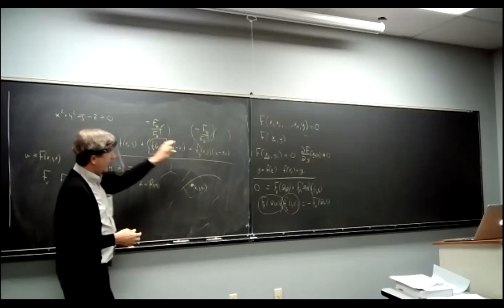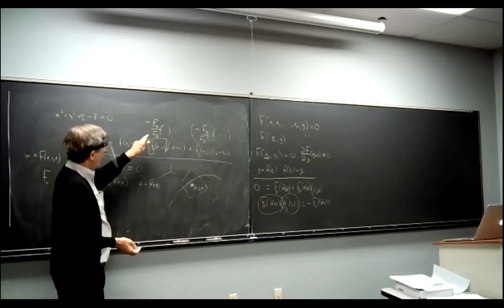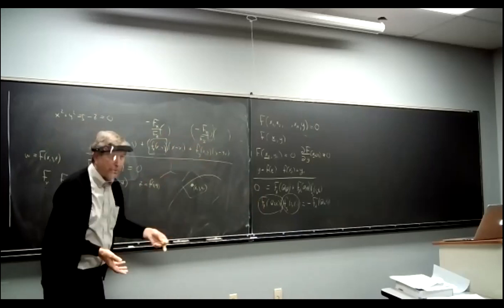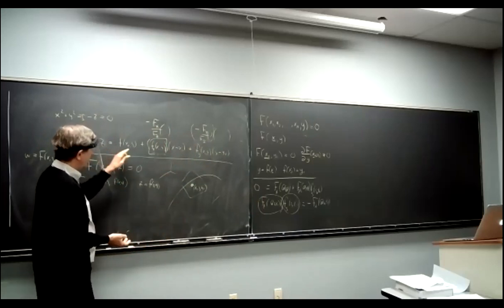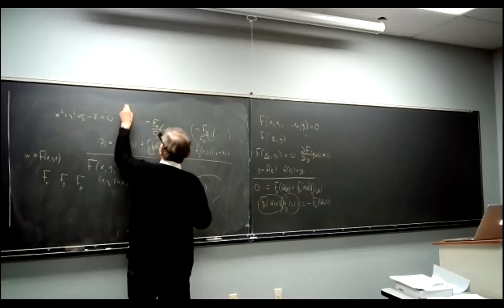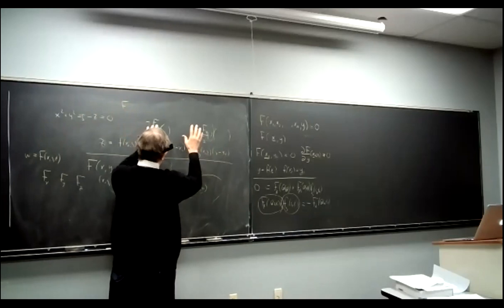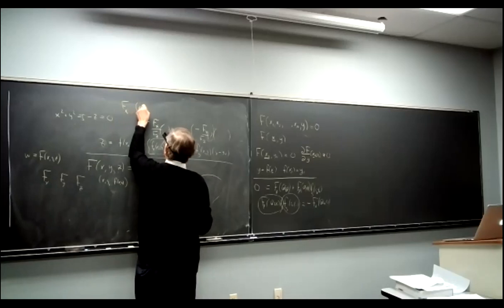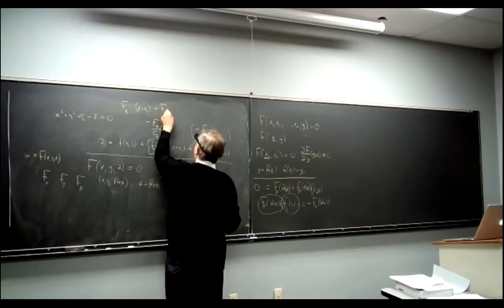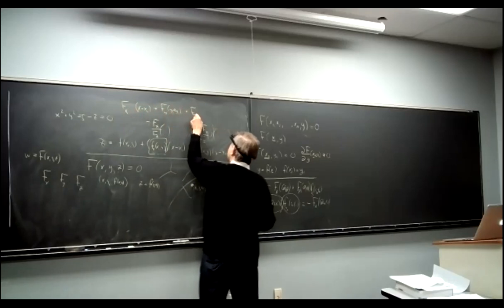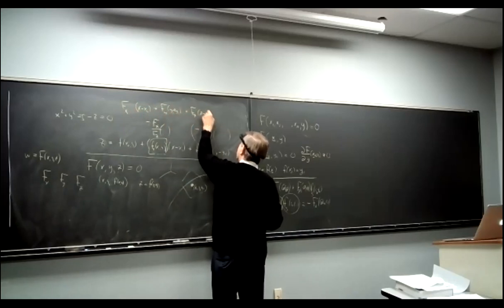Now, bear with me just a second. If I look at that, I have an f sub z in the denominator, it's not 0. If I multiply it out, multiply it across here, and also there's minuses here, so if I do that and take them to the other side, what I will get is f sub x times x minus x naught plus f sub y times y minus y naught plus f sub z times z minus z naught equals 0.